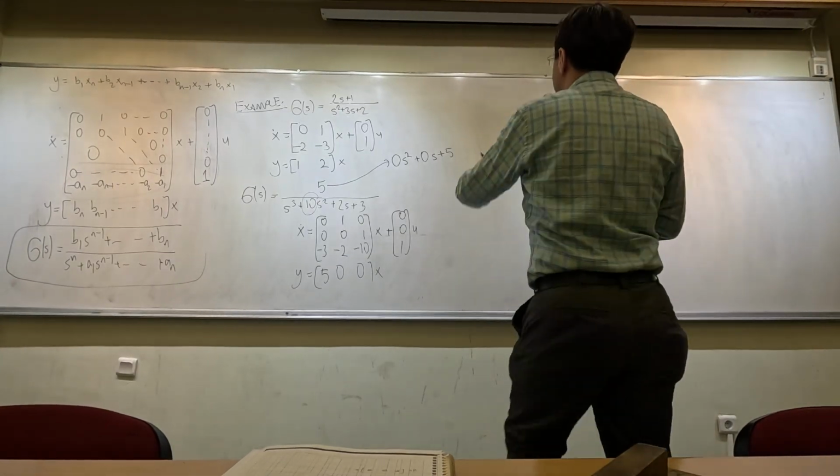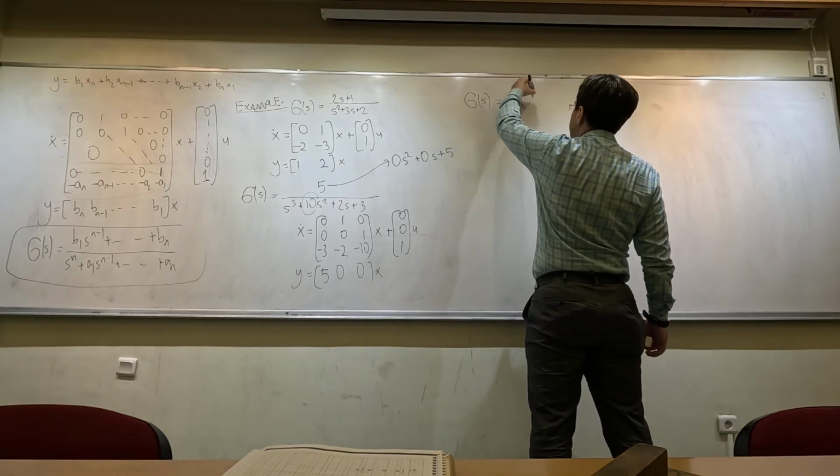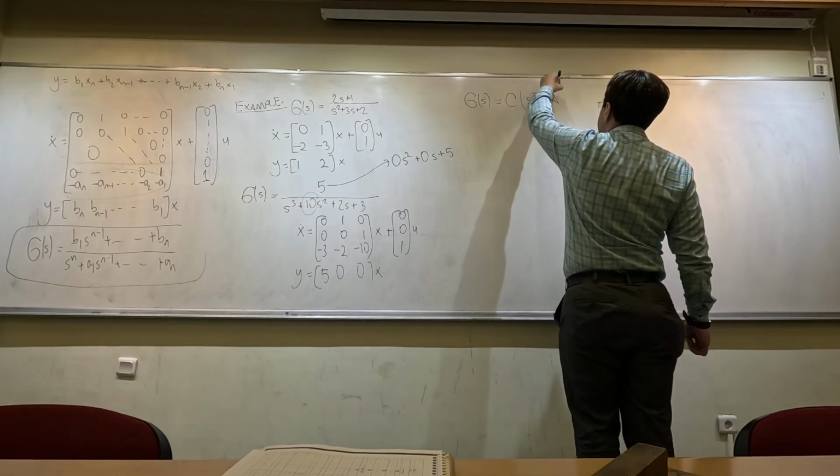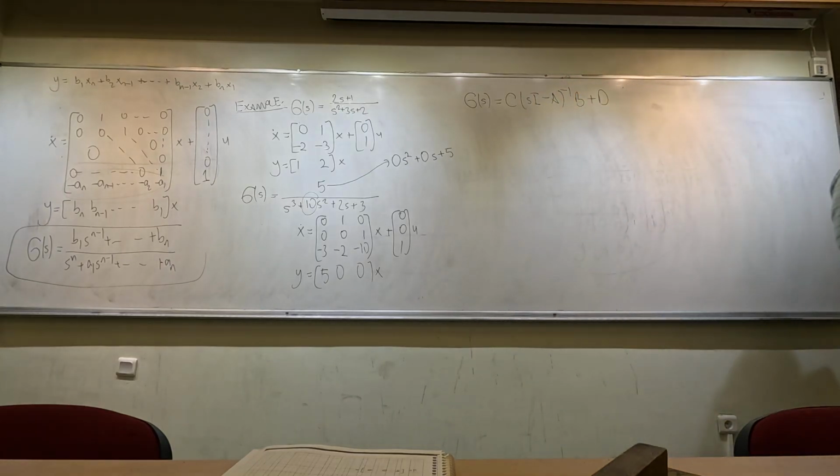So now let us try to concentrate on this formula. G of s is equal to C (sI minus A) inverse B plus D. This is our general formula for the transfer function and state space representation relationship.